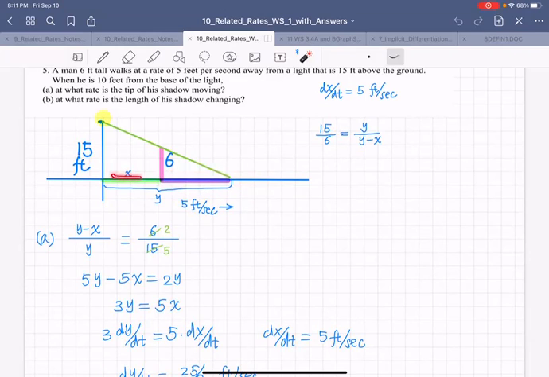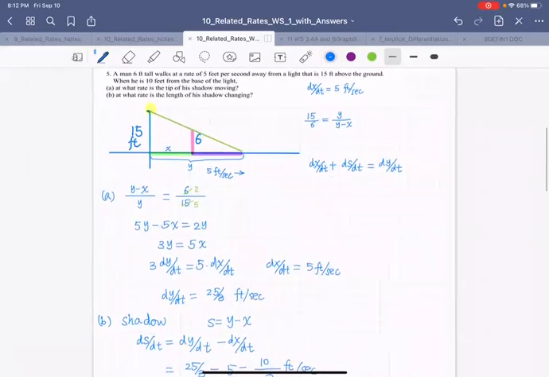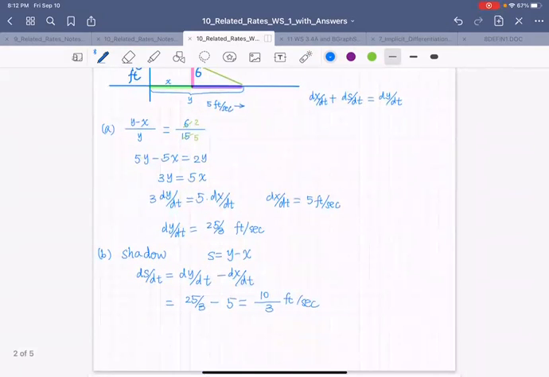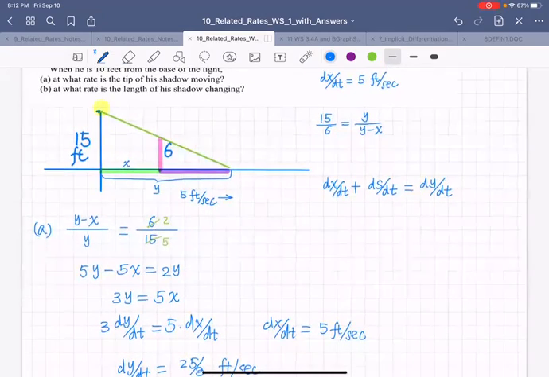What's the relation between them? dx over dt plus d shadow over dt equals dy over dt. Okay? Does this make sense for everyone now? Any questions are welcome here, okay? No questions?